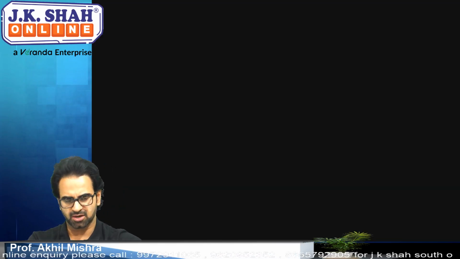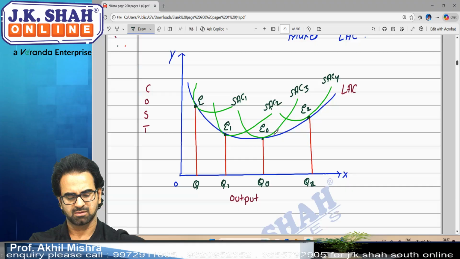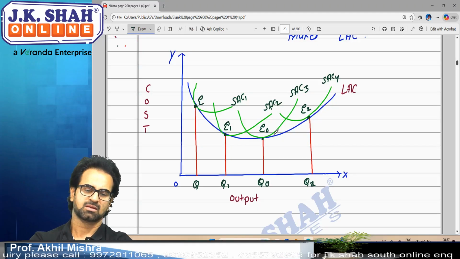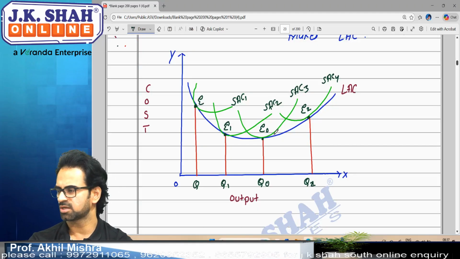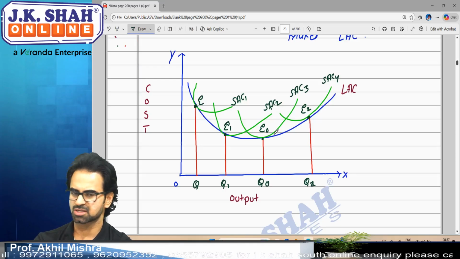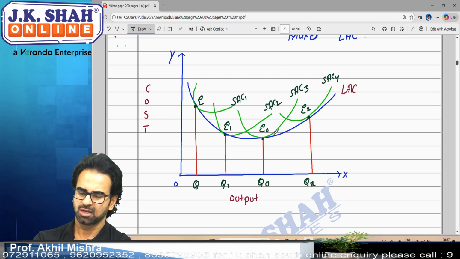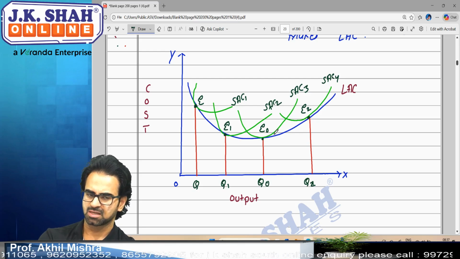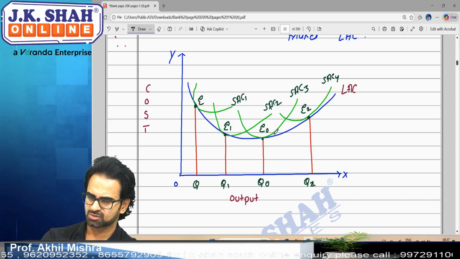So if you see in this diagram, what is happening? When output is OQ, okay, you say Q. Okay, let's say OQ. In OQ, the cost is very high. The output is very less. What is output?